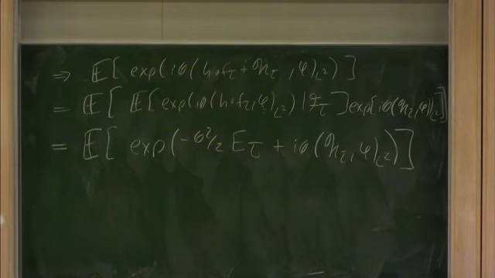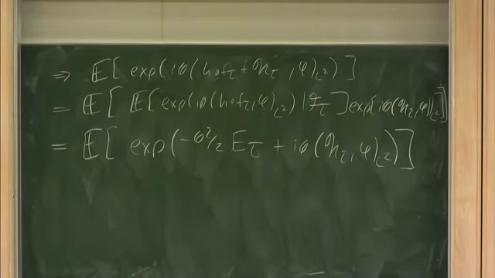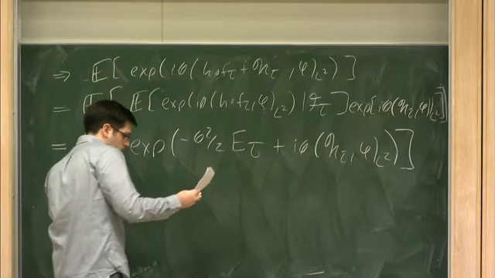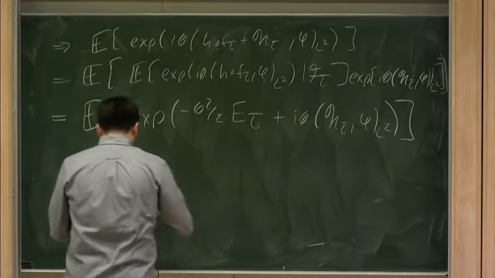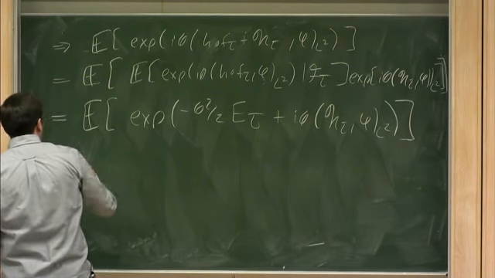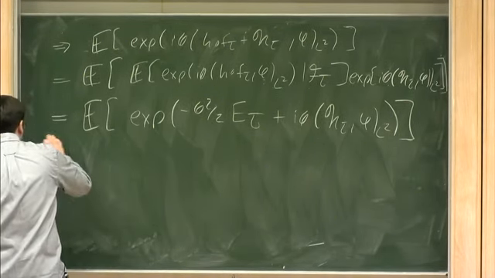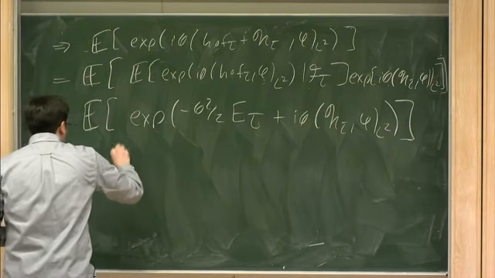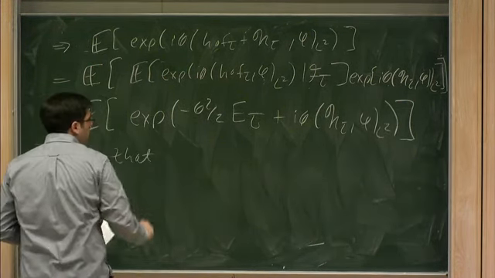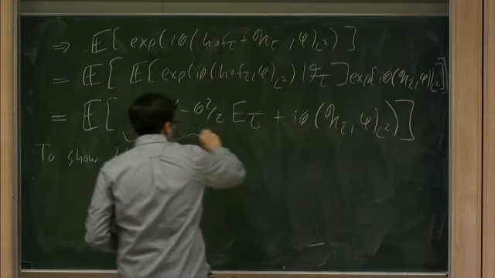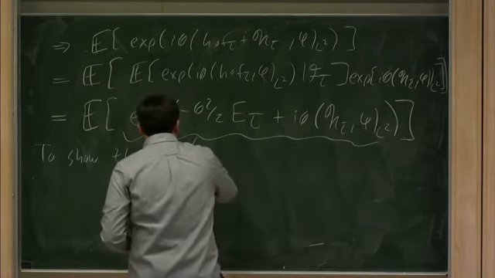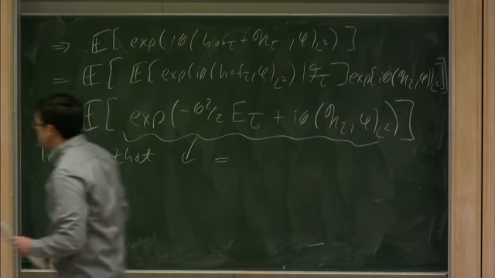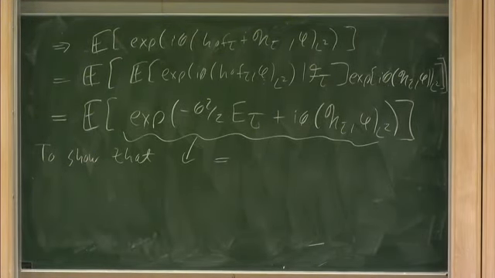Okay, and now we just have to work with this expression, and to show that this is equal to what we want it to be equal to. So let me call this over here star.